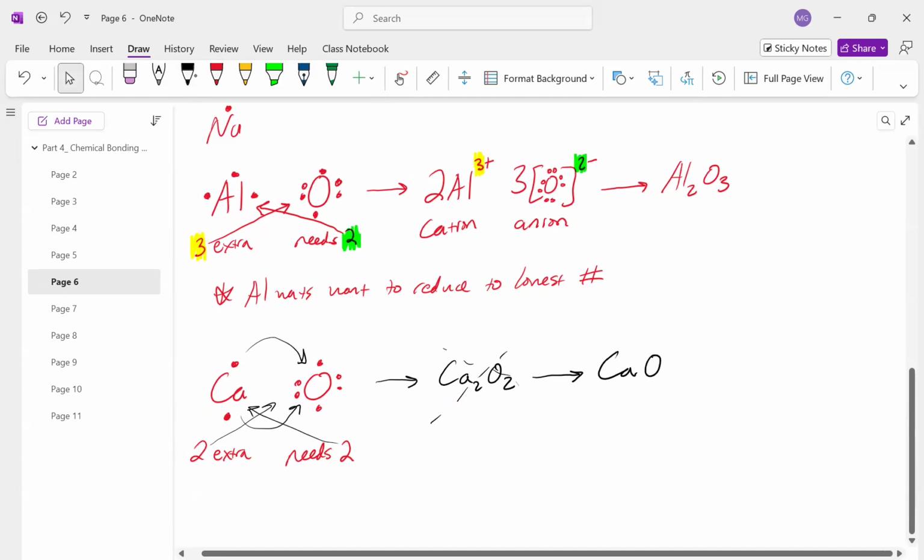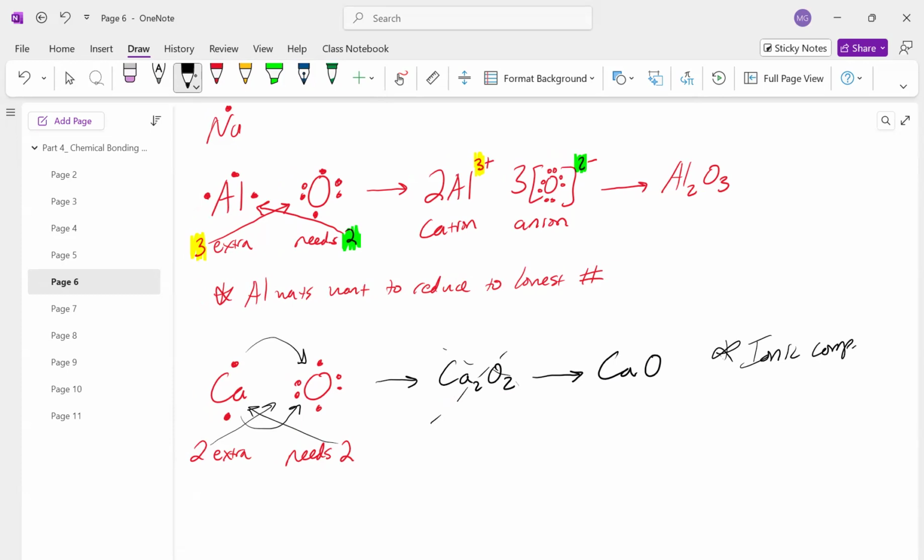Now, before I move on, I do want to highlight something. You're going to hear me use a term quite often. Ionic compounds are also referred to as salts. So when I use the term salt, don't think of just sodium chloride, because that's the salt that everybody's familiar with.